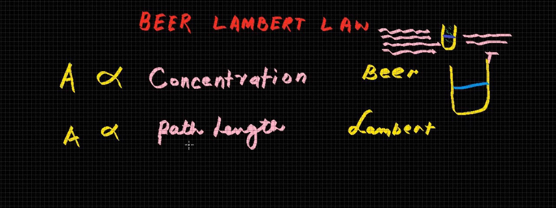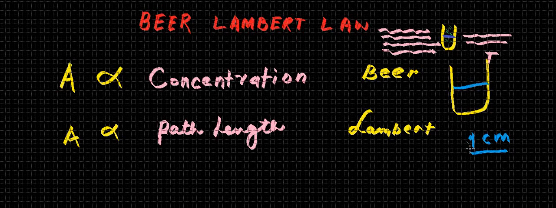So there will be more absorbance, hence we can say that the absorbance is directly related to path length. That is given by Lambert. If we fix the path length, for example, in most spectrophotometers we fix the path length to unity, like 1 centimeter width.